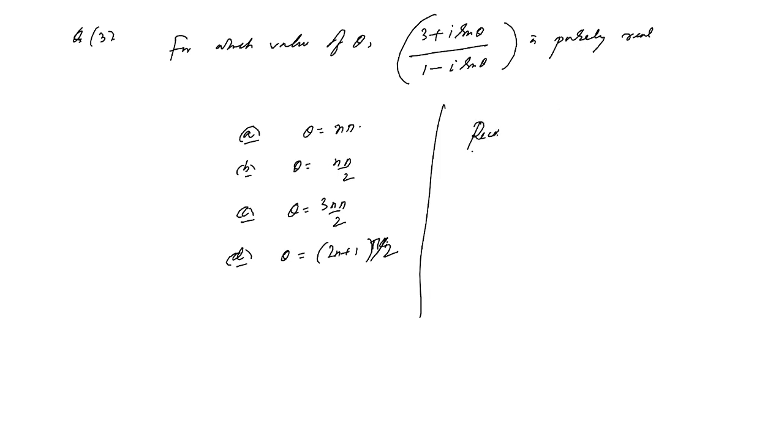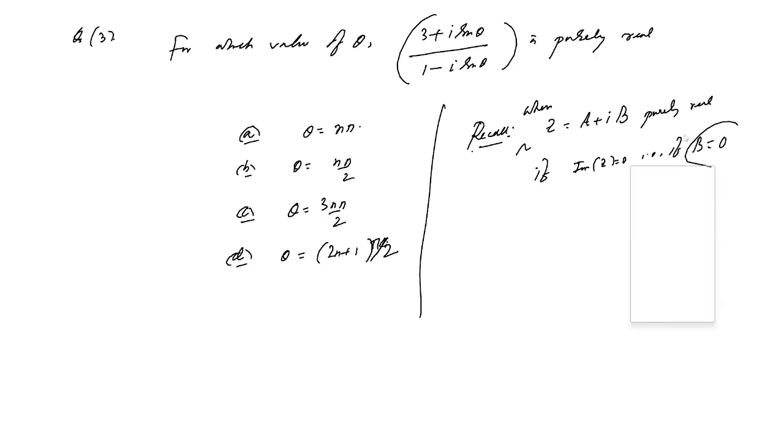Now recall, when a complex number z equals a plus ib is purely real, that means the imaginary part of z equals 0, that is b equals 0. So if b equals 0, then z equals a plus ib will be purely real. So we need to express (3 plus i sin theta) by (1 minus i sin theta) in a plus ib form.